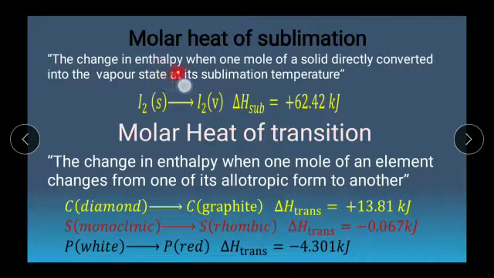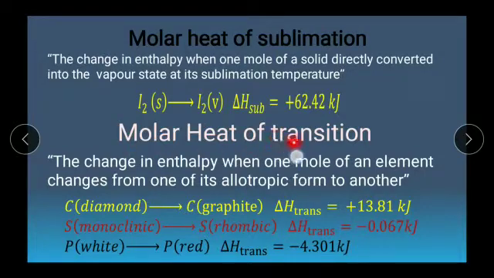The change in enthalpy when 1 mole of a solid is directly converted into the vapor state at its sublimation temperature. I2, iodine, is in solid state and converts into vapor, solid to vapor. What is del H sub? That is molar heat of sublimation, plus 62.42 kilojoule.